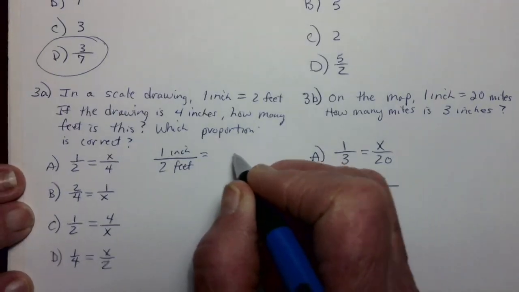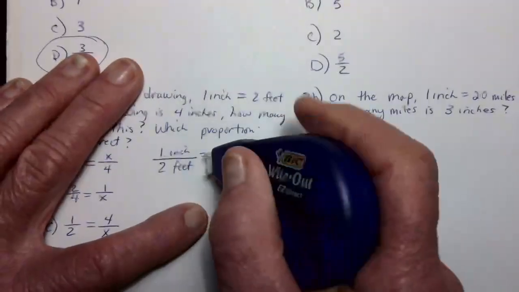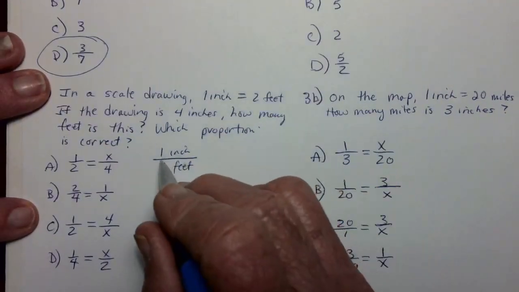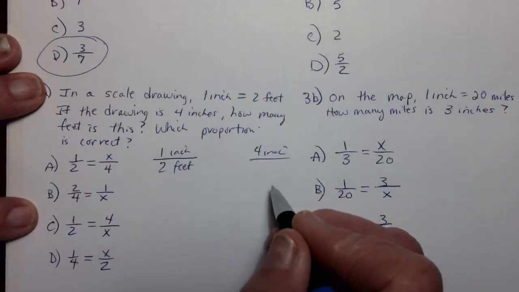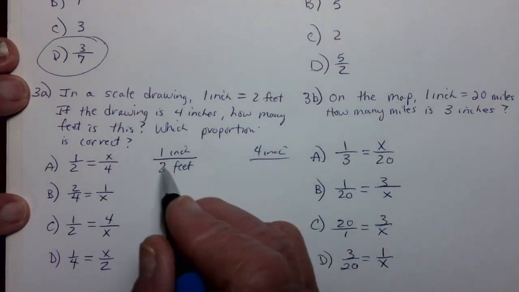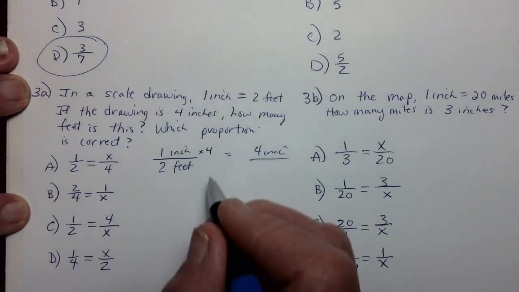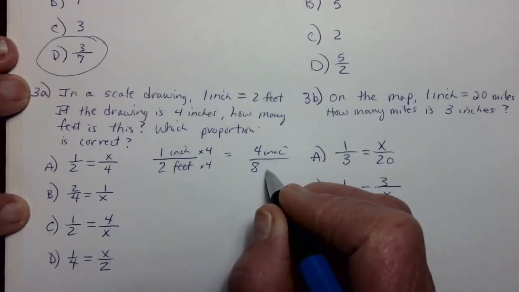So I want this top to end up being 4 inches, and then we'll see what the bottom part ends up being. So 1 times 4 would give me 4, and 2 times 4 would give me 8. And that would be feet.